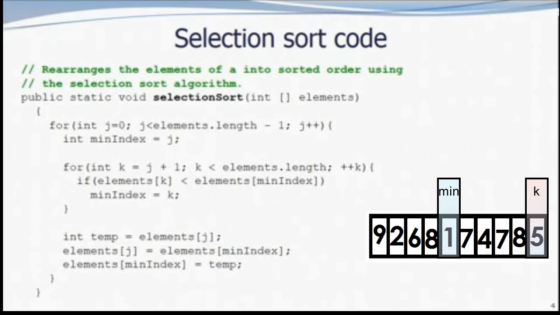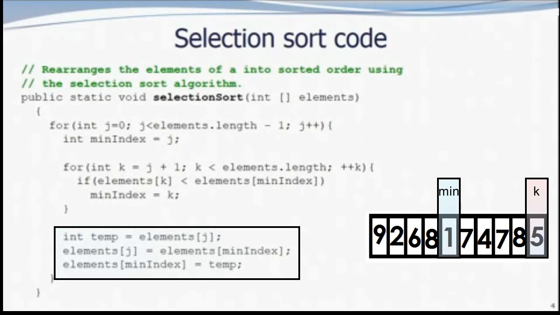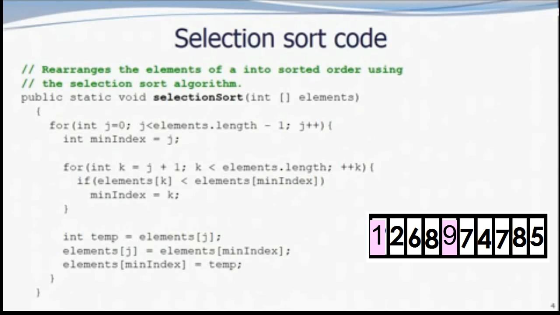Now I got to swap them. So I use these three lines here. Why do I use these three lines? Take a good look at it and think about how this works. So with that, I have now swapped j, which is 0 on our first run through, and the minimum index. So that way now, my leftmost element is a sorted array, technically, of one element in size. The smallest.